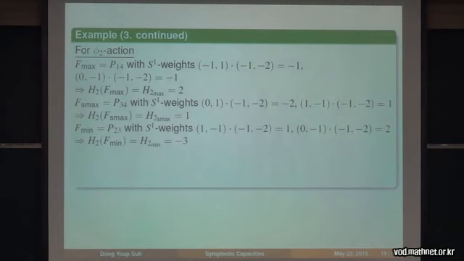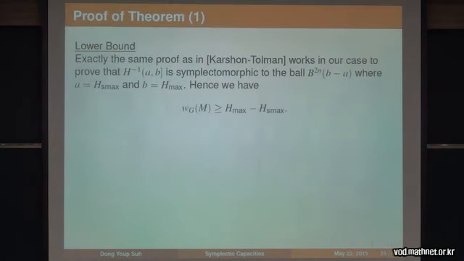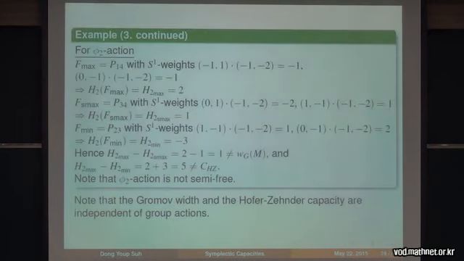But if you consider the phi2 action, which is not semi-free, then you have different values. H2 maximum is 2, H2 second maximum is 1, and the minimum is -3. So in this case, H2 maximum minus H2 second maximum is 1, which is not equal to 2, and so the capacity is not 3.